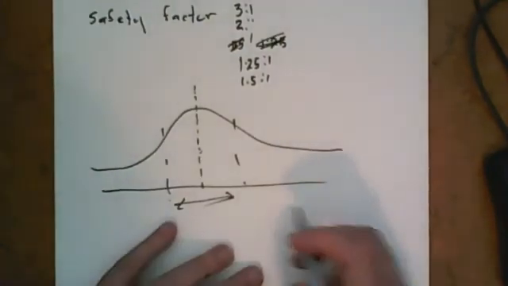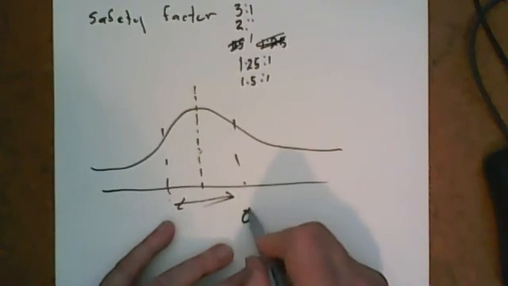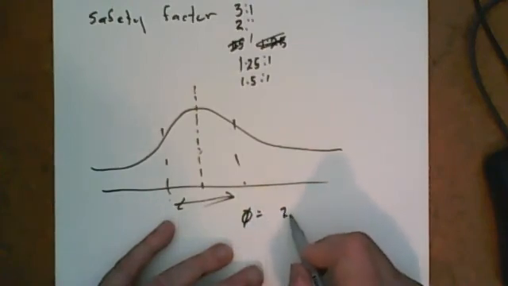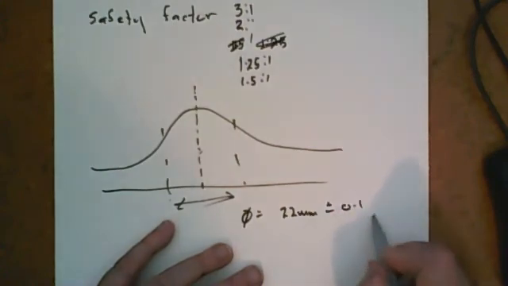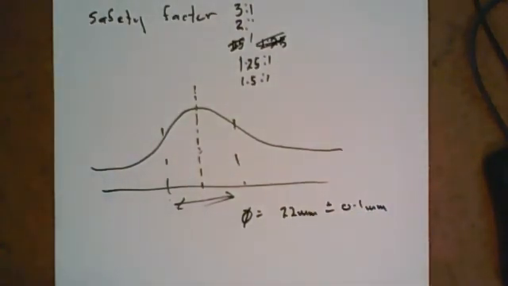But when you buy stuff, you're going to buy, you know, diameter equals 22 millimeter plus or minus 0.1 mil. Normally we do stuff to 2 standard deviations, so that means 95% of your sample is going to be within that range. Okay, well, anyway, good luck.